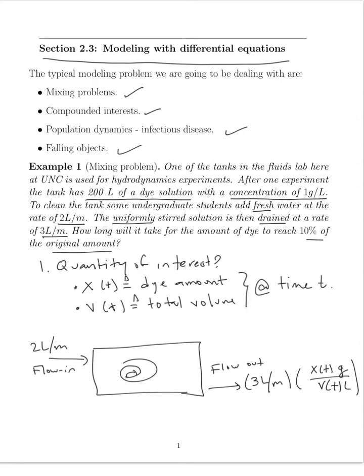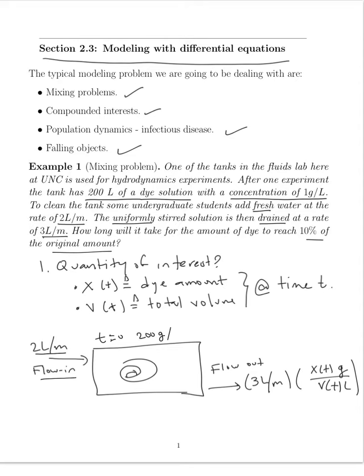So here is the graph sort of illustrating what's going on. We have this tank, which originally at time t equal to 0 has 200 grams of the dye because the concentration is 1 gram per liter, right? You have fresh water flowing in, and that's 2 liters per minute, that's the rate.